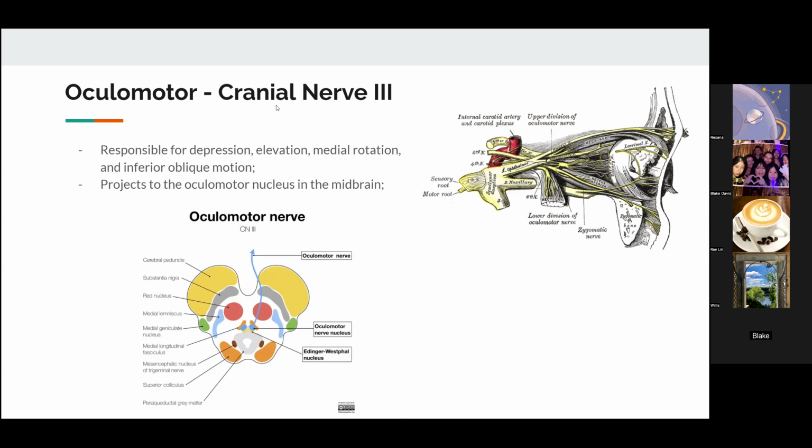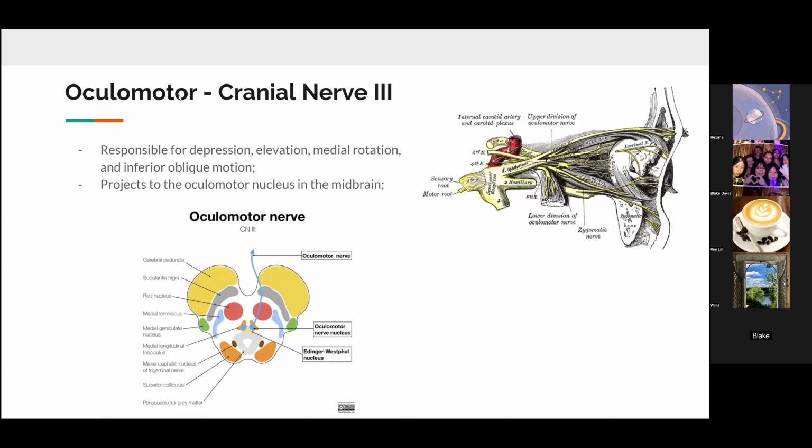Now, the oculomotor also projects to the oculomotor nucleus in the midbrain. As we see, a lot of these cranial nerves go into different regions of the midbrain, but in reality, these regions aren't responsible for creating the things we see, or the things we do. They just project to the thalamus, which then goes to these higher order structures that then control what we do.